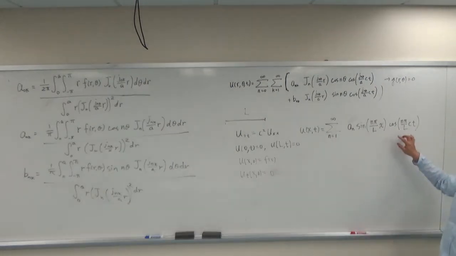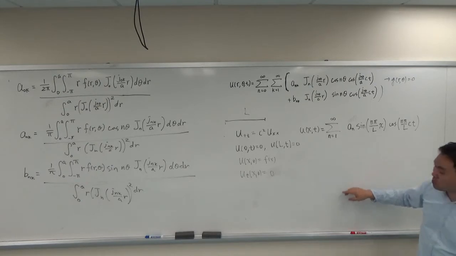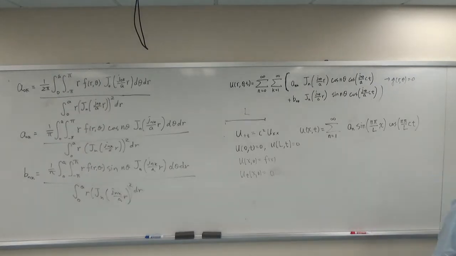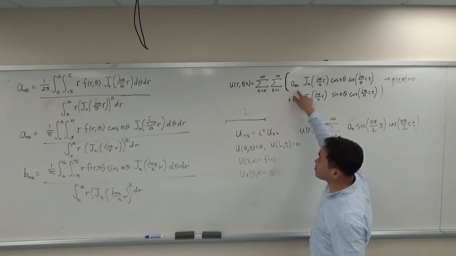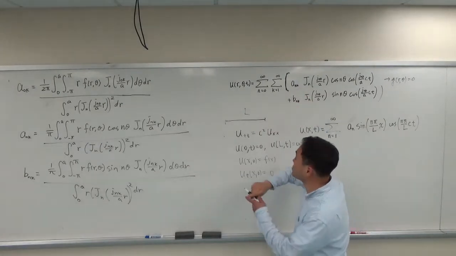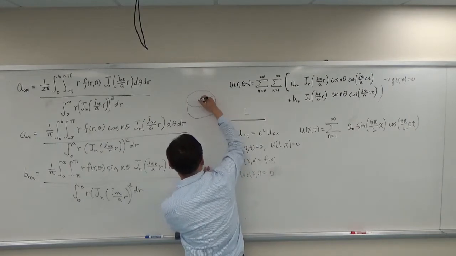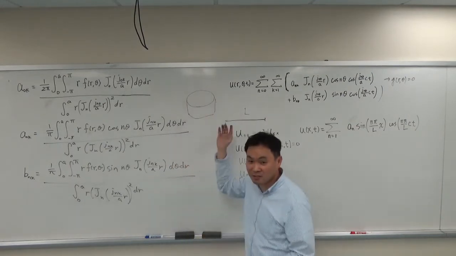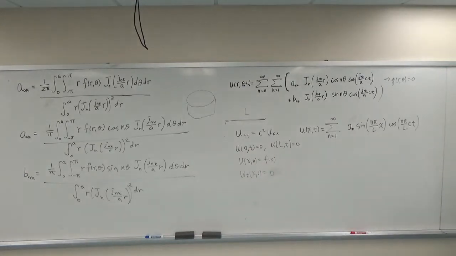So the time part gives you one of these, and the sine one would disappear if this is 0. So this is a vibrating string, whereas this is a vibrating drum head. If you have a circular drum and you hit it, and it starts vibrating, it's going to give you that.